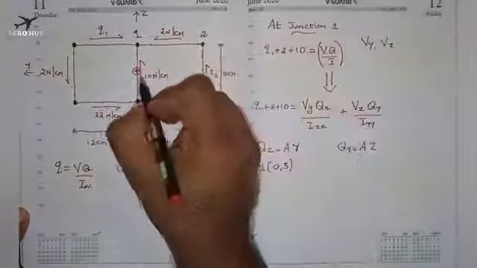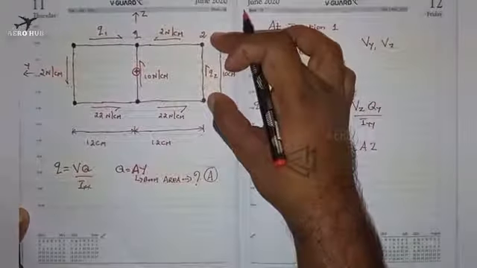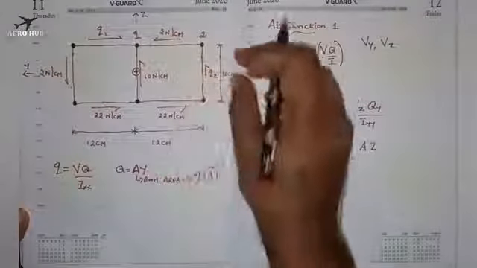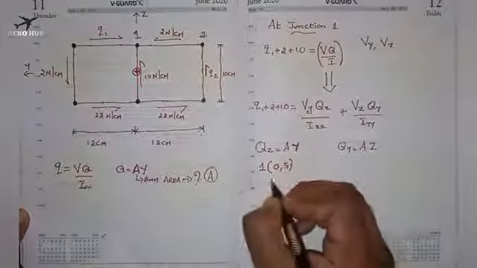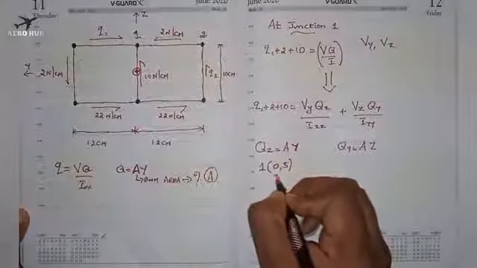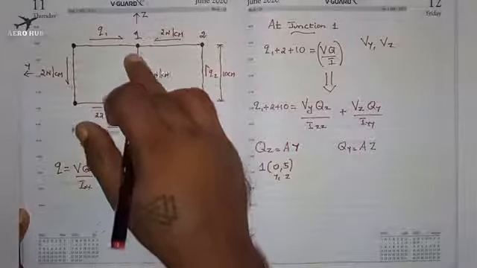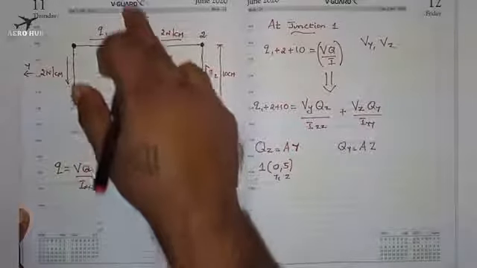From the centroid, the total height is 10 centimeter. So from the centroid to junction 1, the value of z is 5 and the value of y is 0, because this particular point is lying on the z axis.